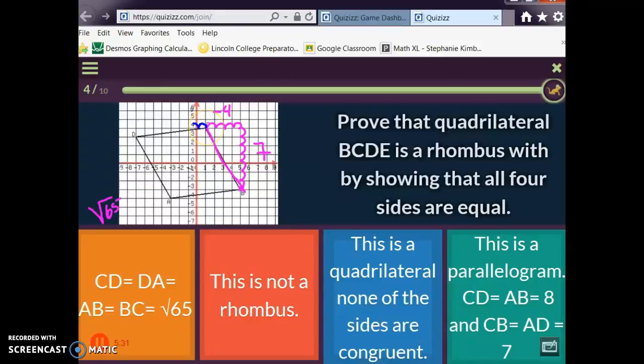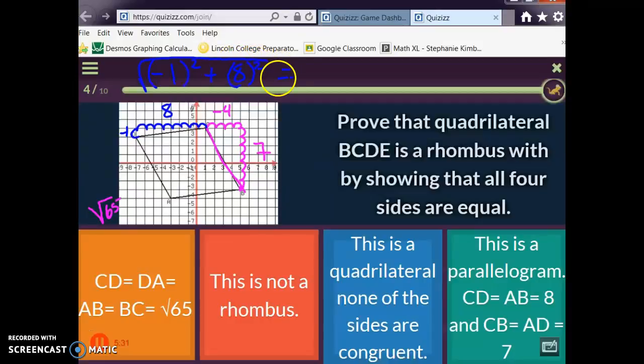From this point, 1, 2, 3, 4, 5, 6, 7, 8. That's 8, not 7. And then down 1. So we have negative 1 squared, it might be a little hard to read, plus 8 squared.